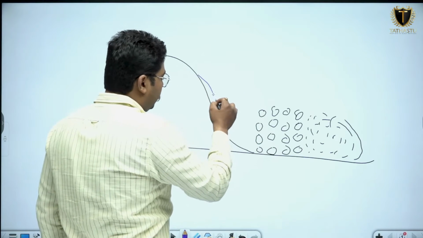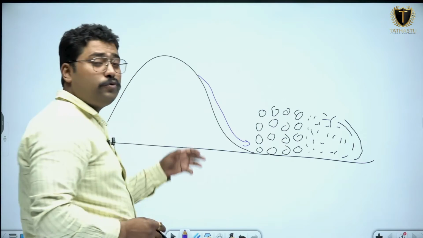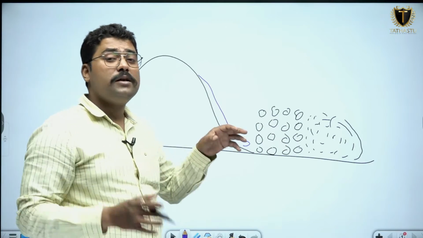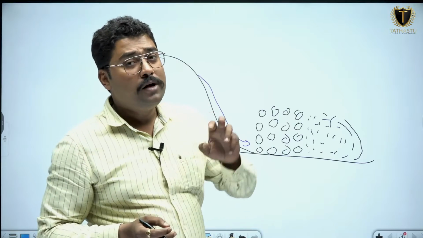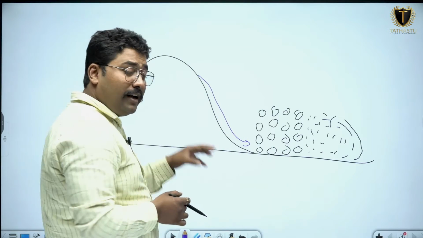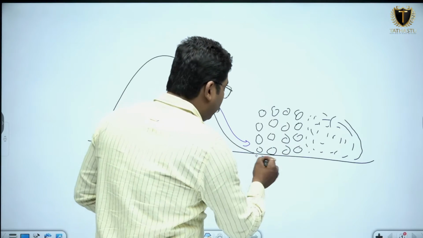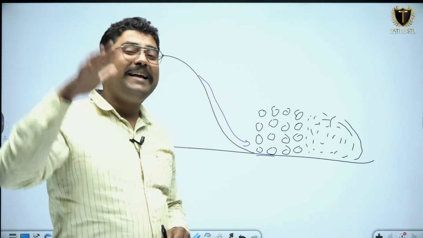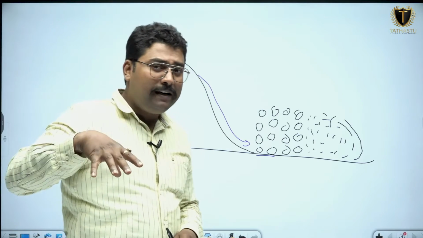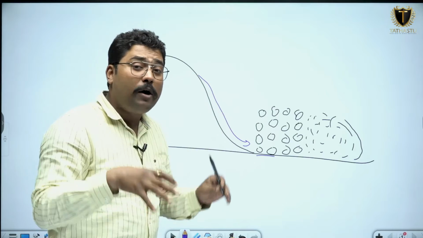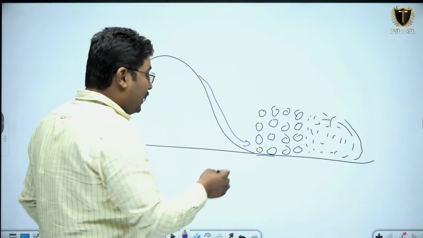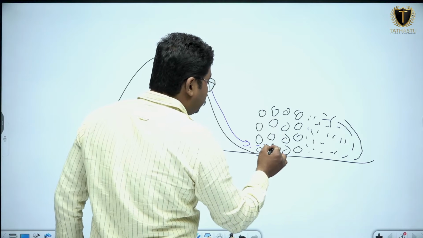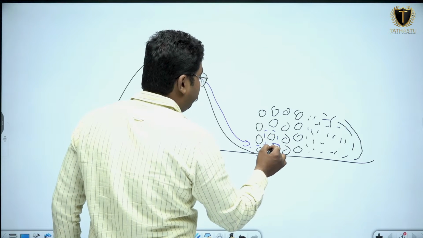The river is coming down, and due to high speed, the river is carrying big boulders and small pebbles also. But when the river suddenly touches the foothill, the speed will decrease, and when the speed decreases, the river will deposit the boulders, the bigger rocks, over the foothills, and the water will just move between them.